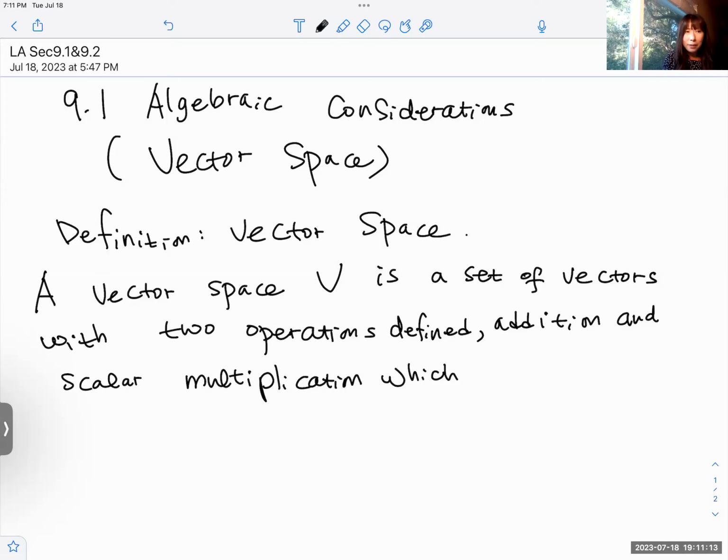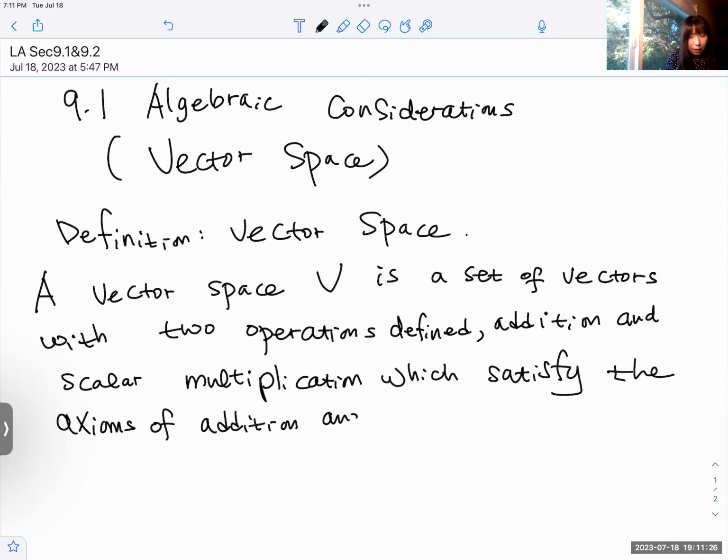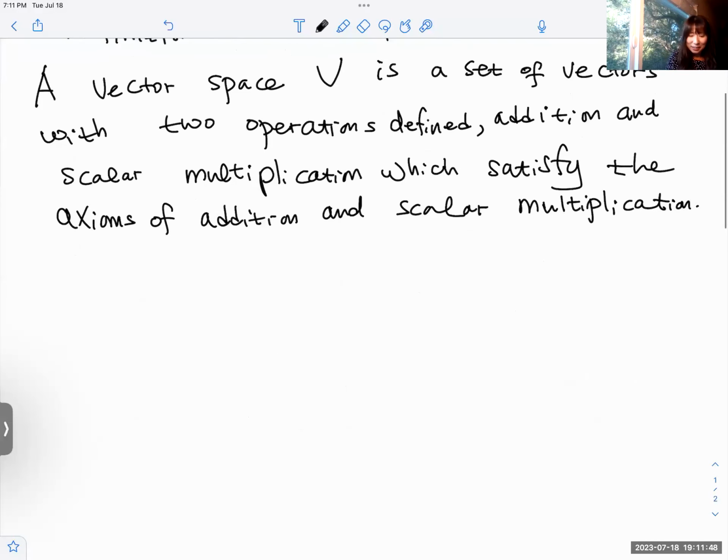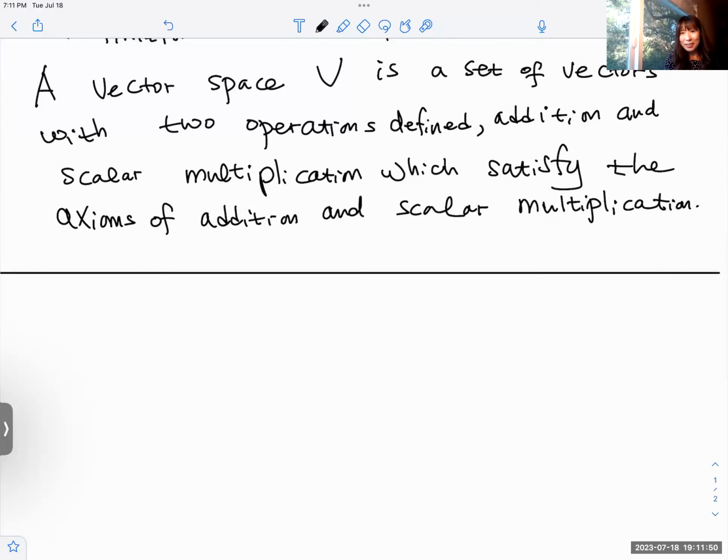Which satisfy the axioms of addition and scalar multiplication. We have 10 axioms there. Let me write them down.